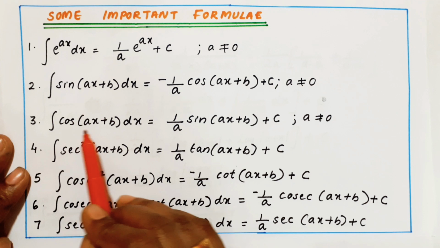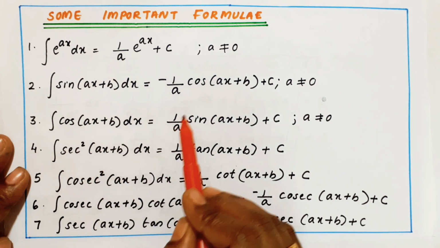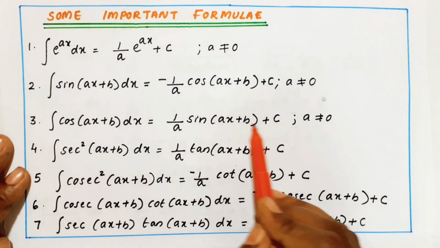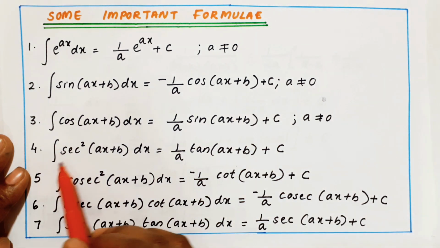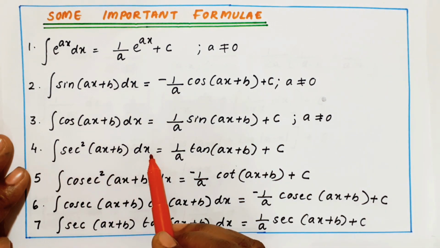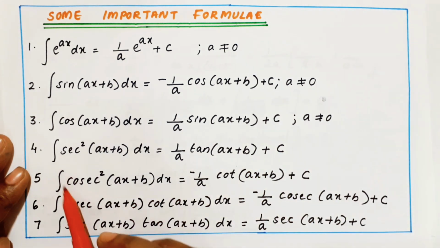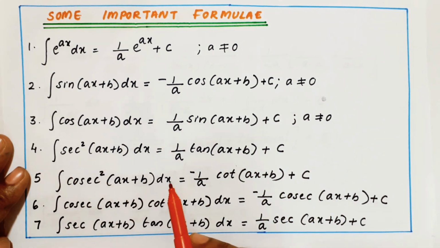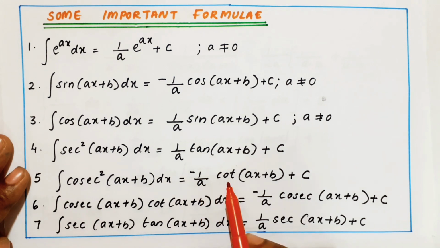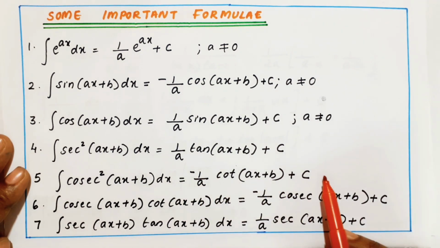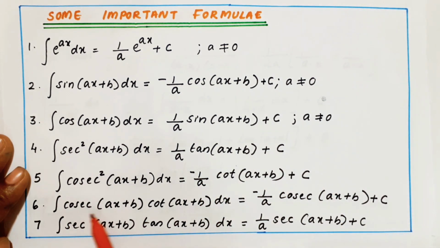The integral of cos(ax plus b) dx is 1 by a sin(ax plus b) plus c. The integral of sec square(ax plus b) dx is 1 by a tan(ax plus b) plus c. The integral of cosec square(ax plus b) dx is minus 1 by a cot(ax plus b) plus c. The integral of cosec(ax plus b) cot(ax plus b) dx is minus 1 by a cosec(ax plus b) plus c.